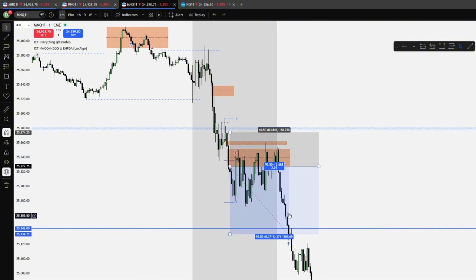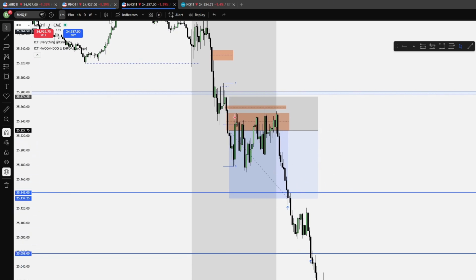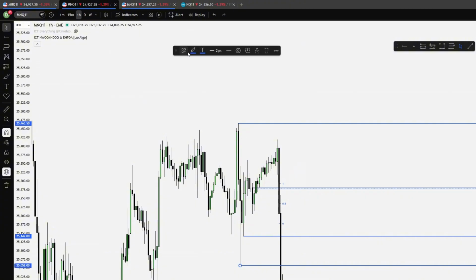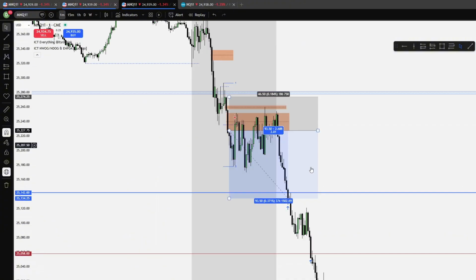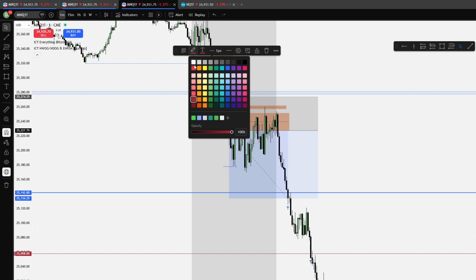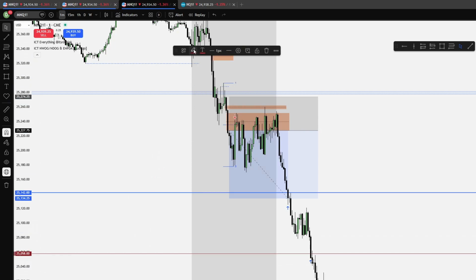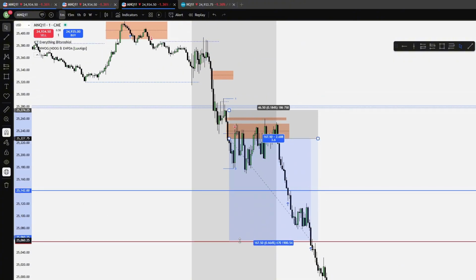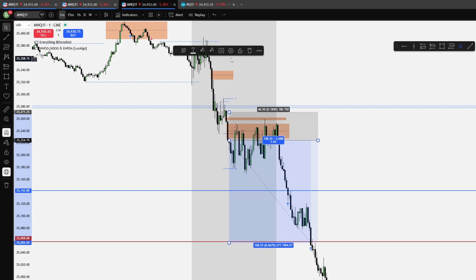I took off 70% of my position here at 2R, and then I held runners for this ultimate previous day low here. It ended up running 3.6R to that previous day low.